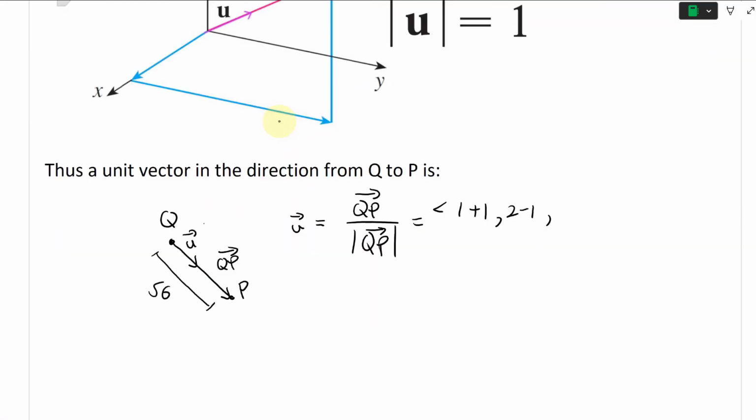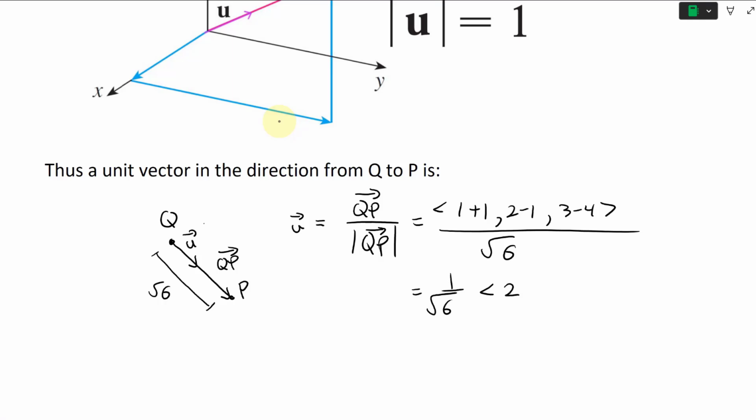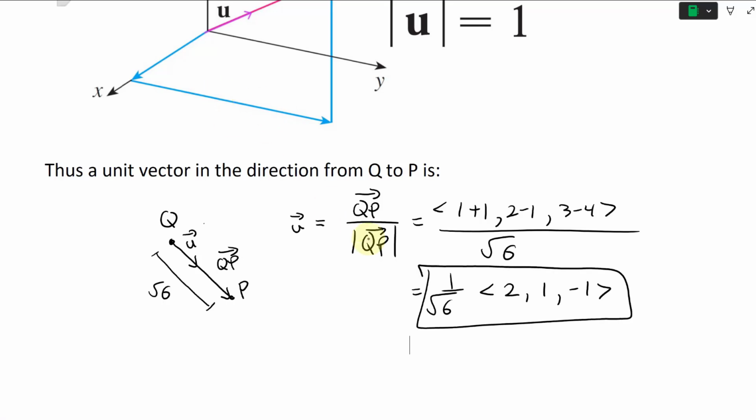This is in vector format like this, and this whole thing is divided by square root 6, since we already solved the length. So in other words, this is 1 over square root 6 times the vector 2, 1, negative 1. So that is our direction vector along the direction from Q to P.